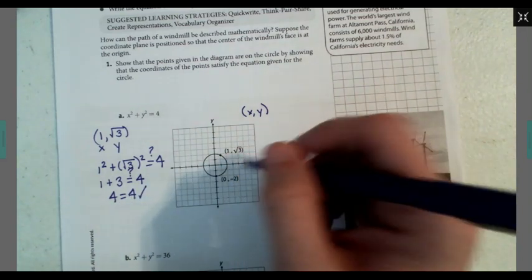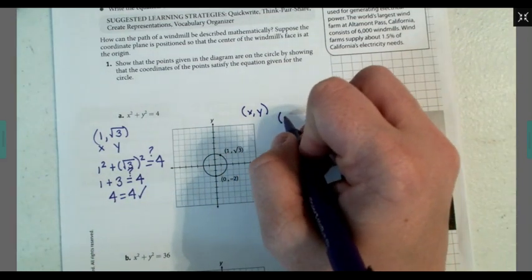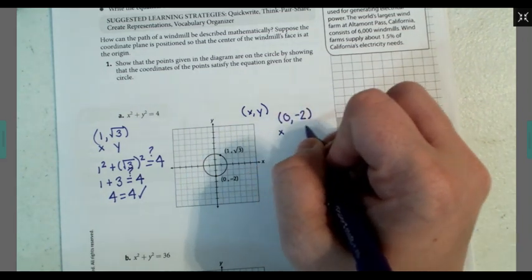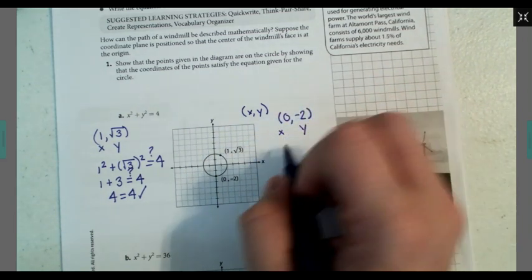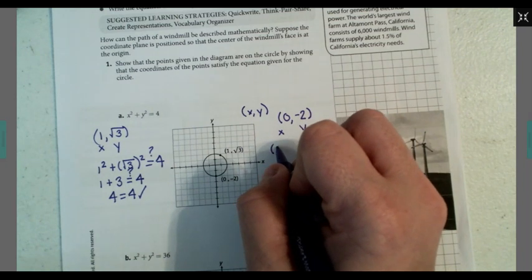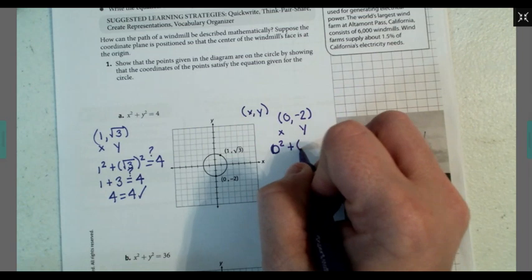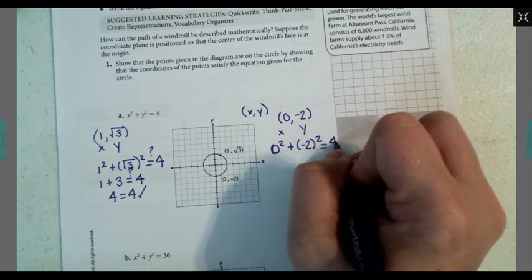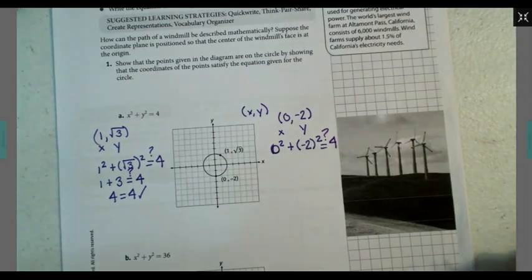Let's try the ordered pair (0, -2). Now recall that the 0 is your x, and the -2 is your y. So we're going to say 0 squared plus -2 squared, and I want to know if this equals 4.